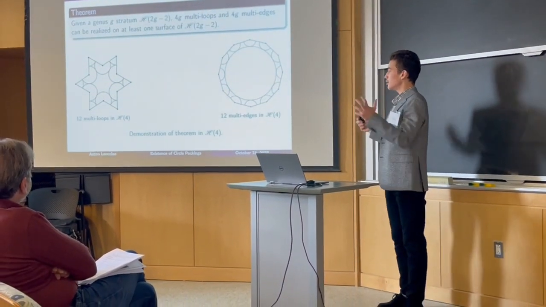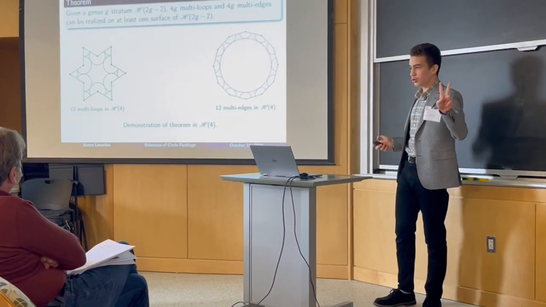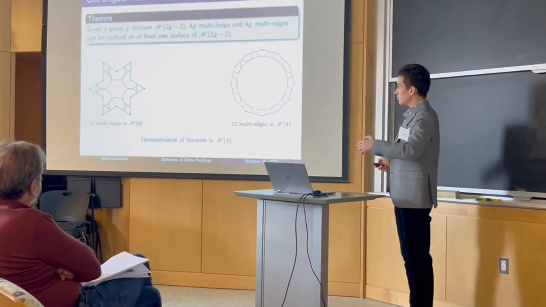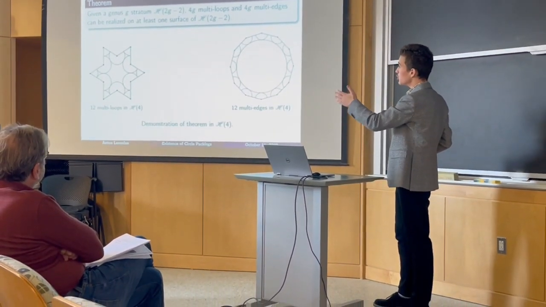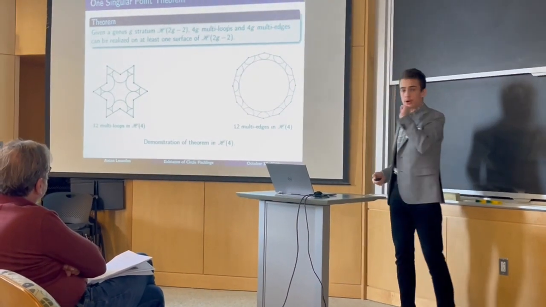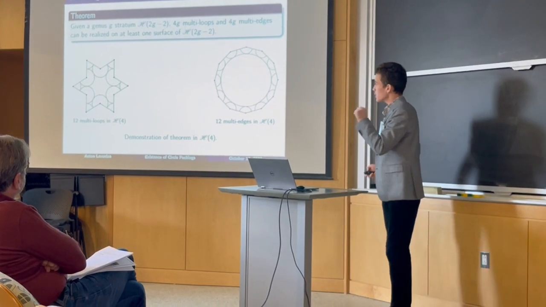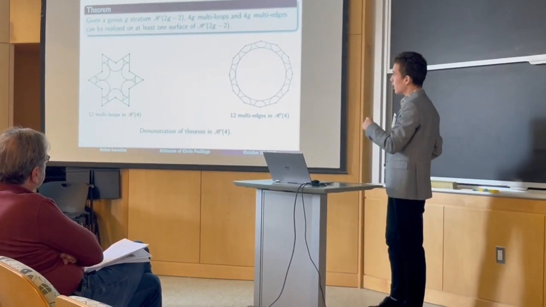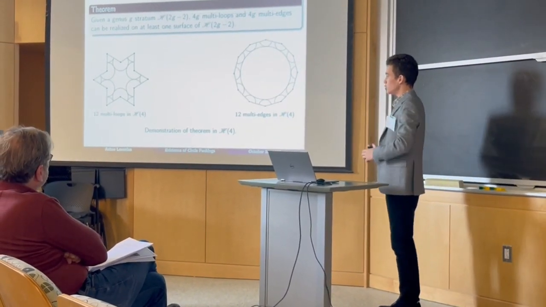And we extended this theorem from genus 2 to a generalized genus G stratum, H of 2G minus 2, with just one singular point. Here it turns out that 4G multi-loops and 4G multi-edges can be realized on at least one surface of H of 2G minus 2.